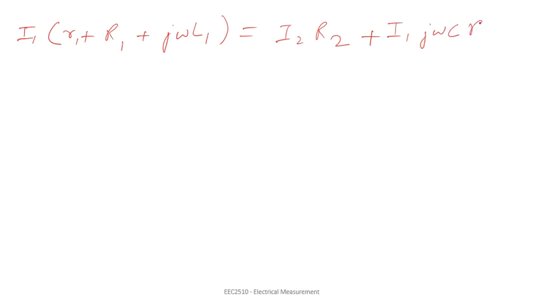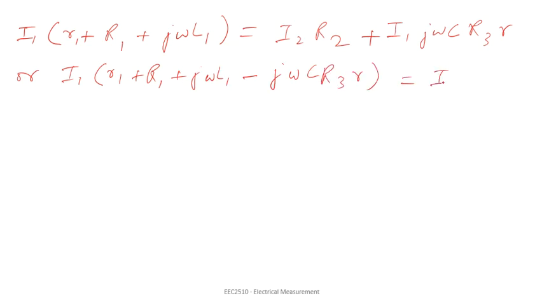So it will be I1 times (R1 plus r plus j omega L1) should be equal to I2 R2 plus I1 j omega C R3 times small r, okay, or you can simplify it: I1 times (R1 plus r plus j omega L1 minus j omega C R3 r) equals I2 R2.